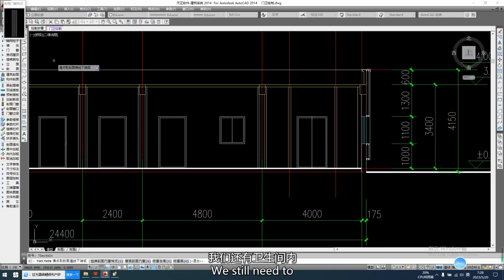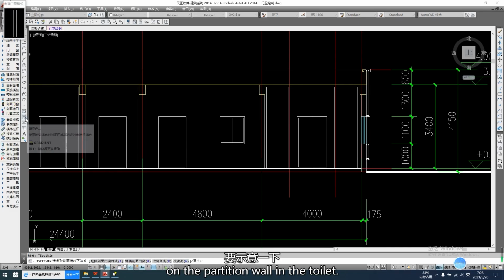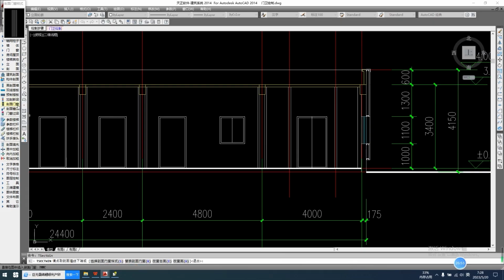We still need to indicate the 2 door openings on the partition wall in the toilet.